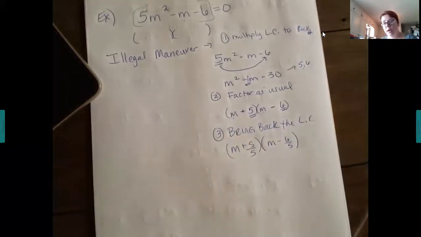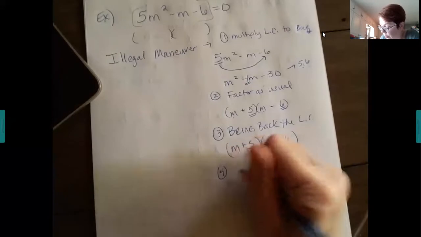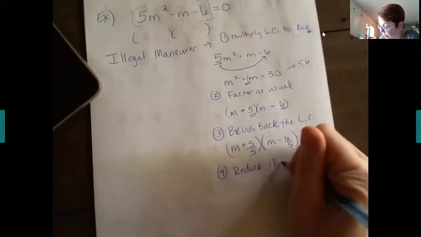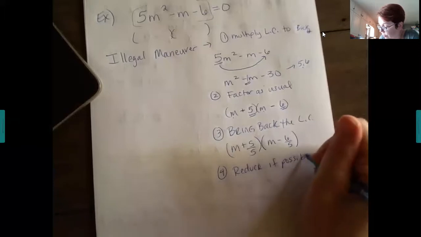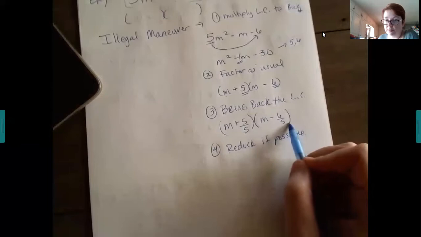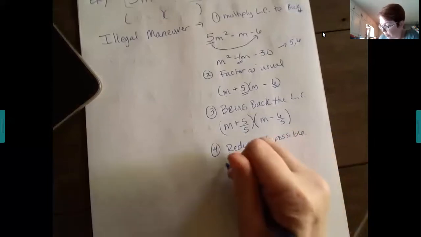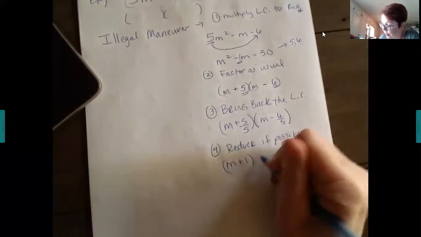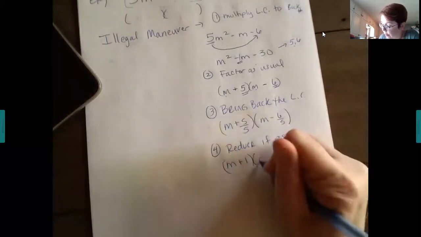Okay. And step 4 was reduce if possible. So it's possible to reduce this, not possible to reduce that. That's okay, that happens. So 5 divided by 5 is 1. Can't reduce that.